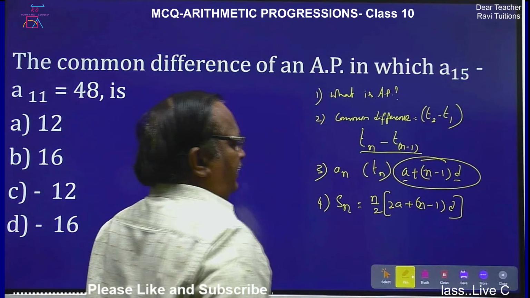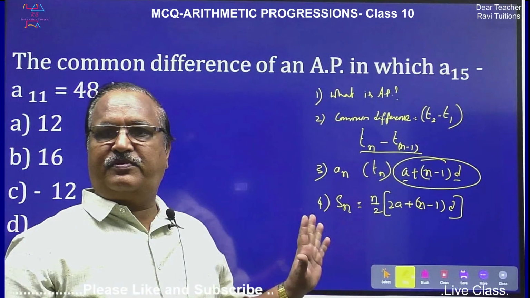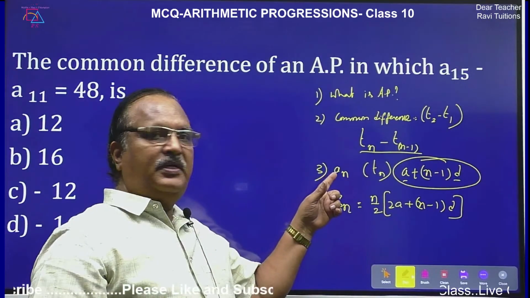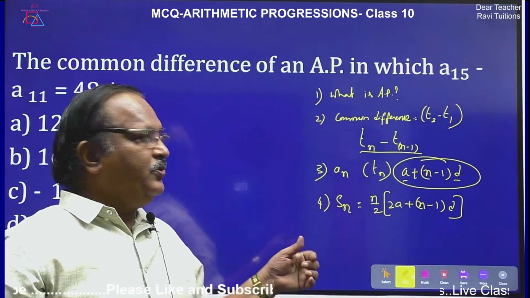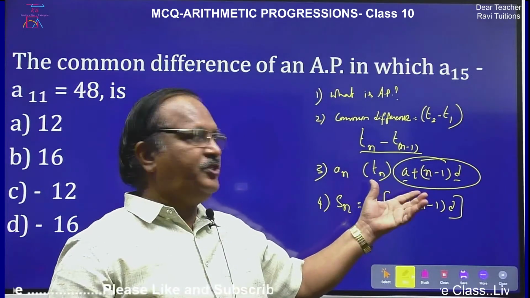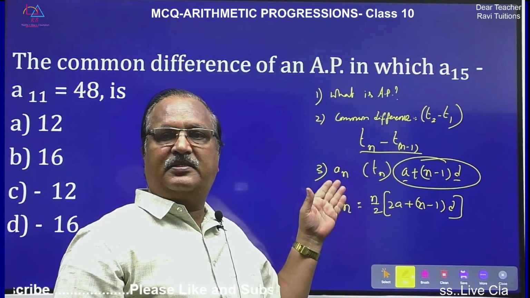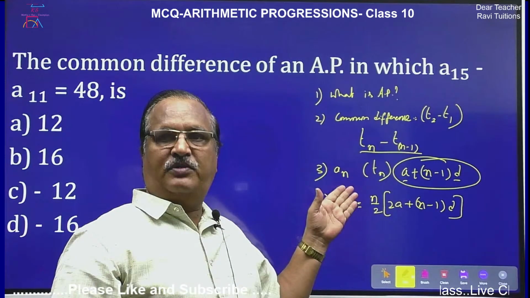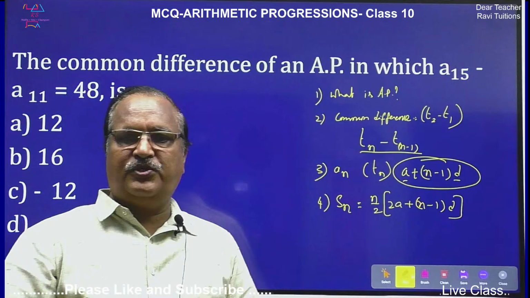This is the sum of n terms. Only these are the concepts in arithmetic progression. Only two concepts, nth term and sum of n terms. If you are aware of these and do some questions on an and some on Sn, that means nth term and sum of n terms, then the progression chapter is so simple, right?